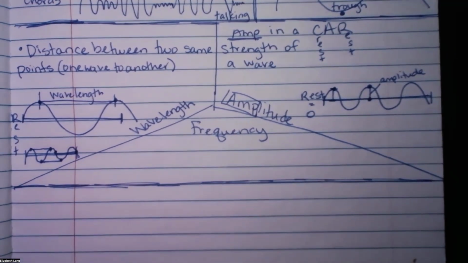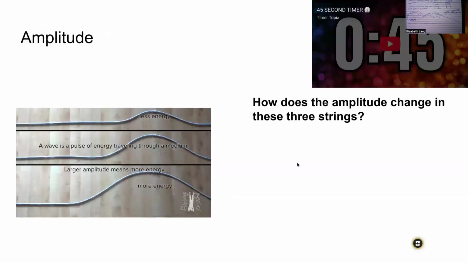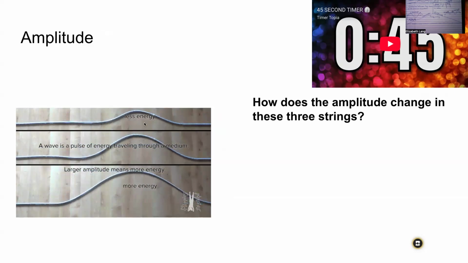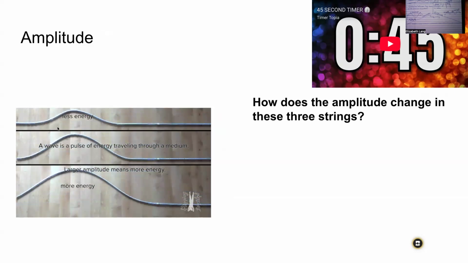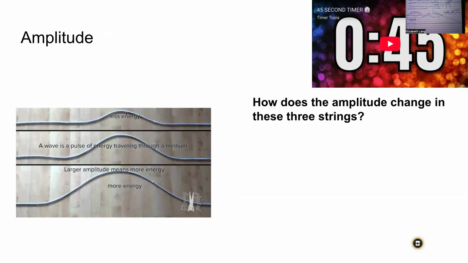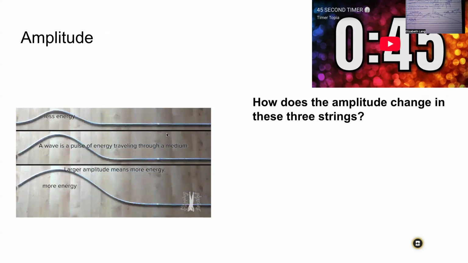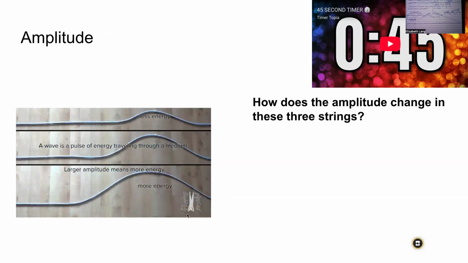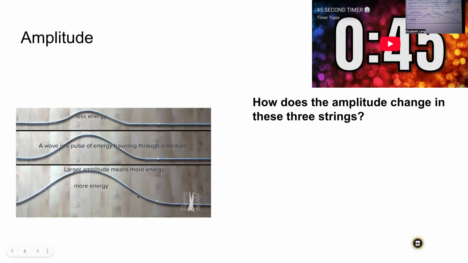Moving on to frequency. Here's, oh, nope, that's amplitude, my bad. So here we go. The smaller that crest to rest, so see these black lines are rest. So the smaller that crest to rest is, it has less energy, less amplitude. The more energy, the more strength, the more amplitude.